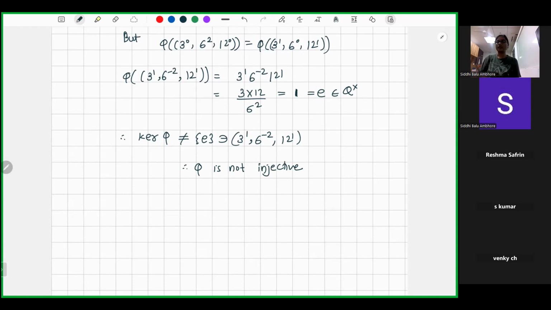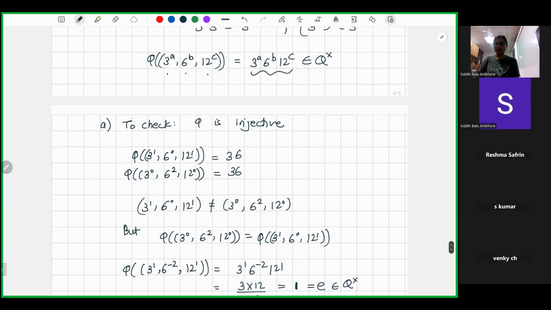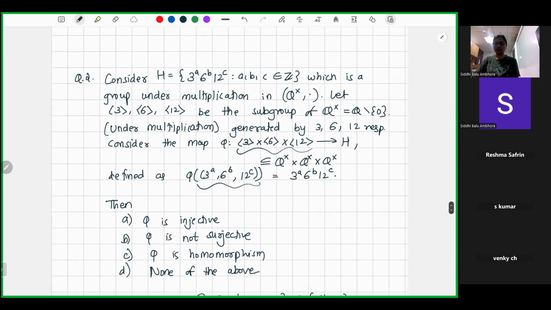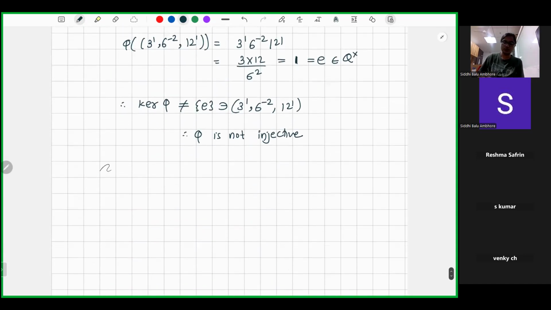You can also find all the rest of the expressions of this kernel. There are many ways to write those, but it's definitely not an injective map. Now they are asking whether phi is surjective or not.